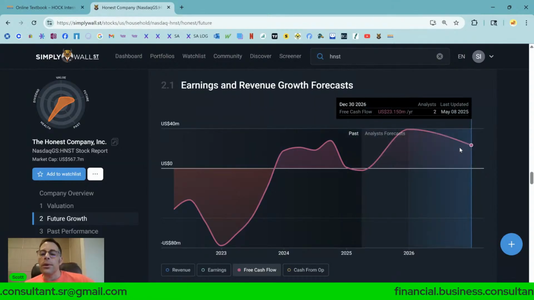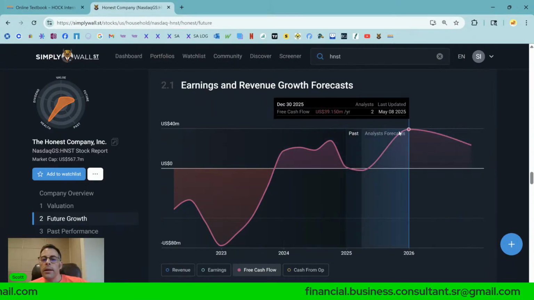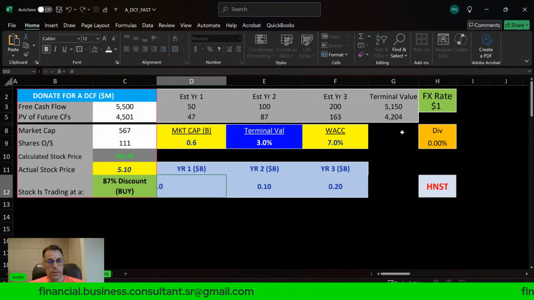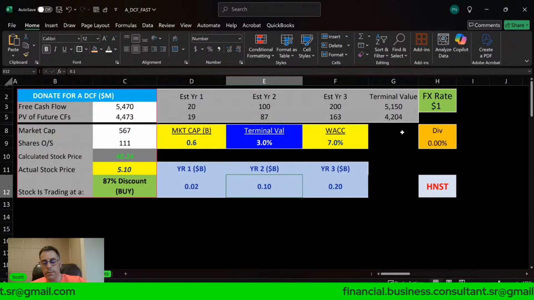Okay, so free cash flow looks pretty weak. It's going up to 39 million by 2025. That's 20 million.